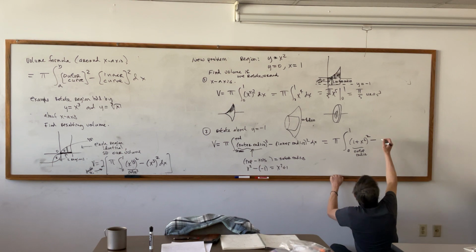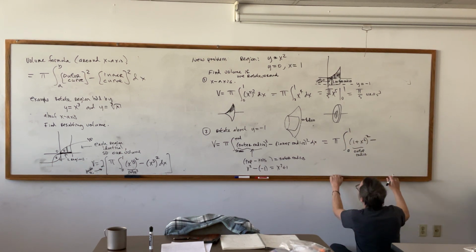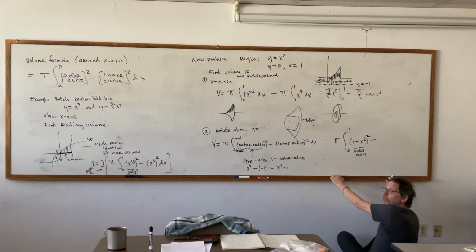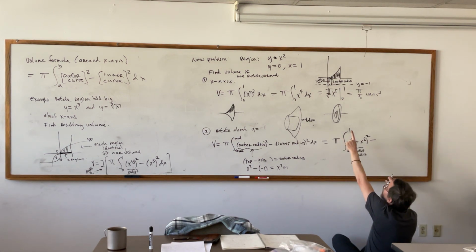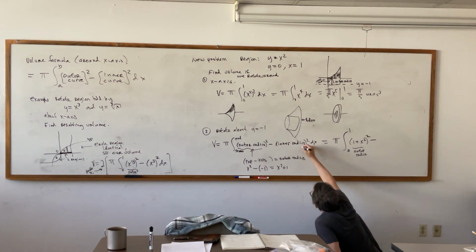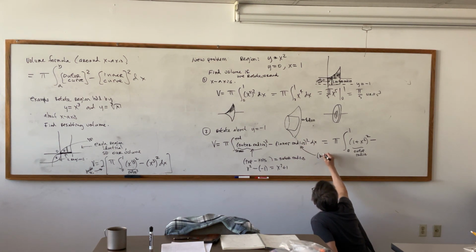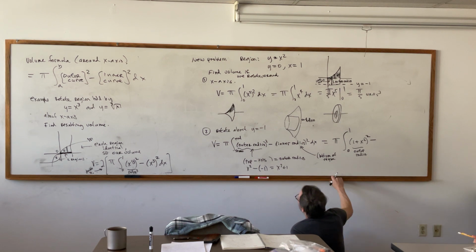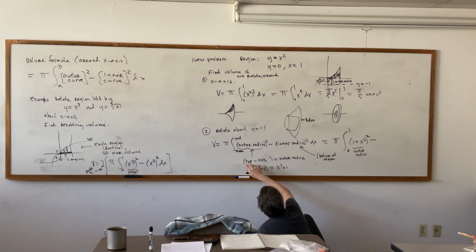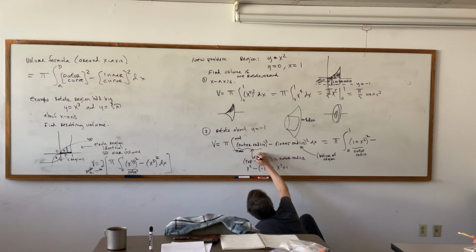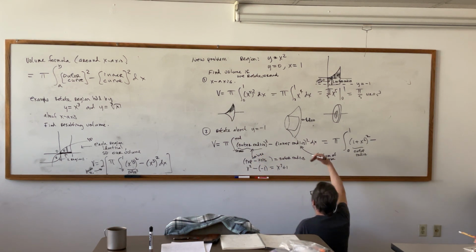I'm going to subtract off the inner radius. What is the inner radius? 1. Permanently 1, right? Notice that the inner radius is going to be the bottom of region. For here, this works, because it's going to change if the axis was on top.